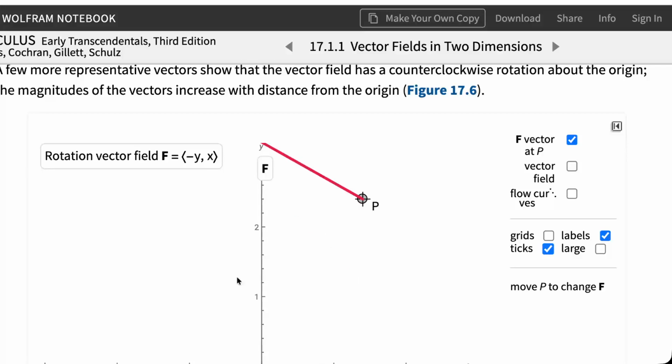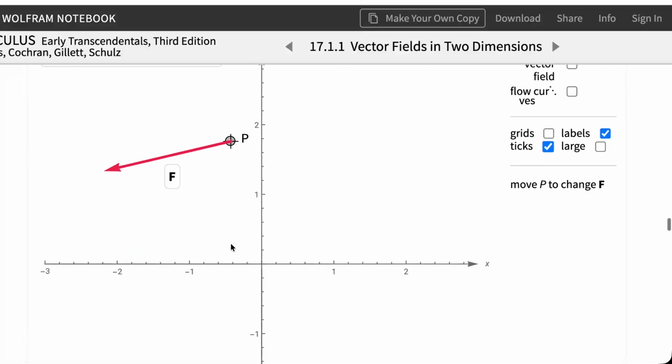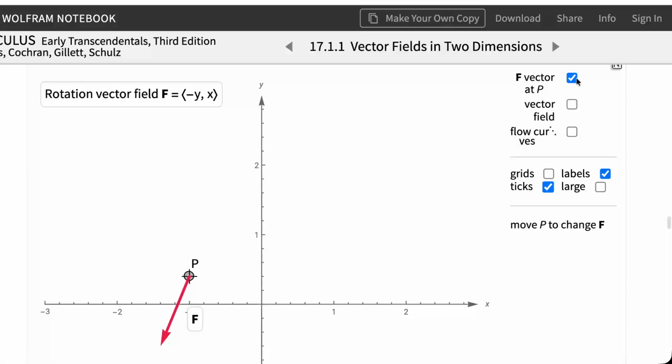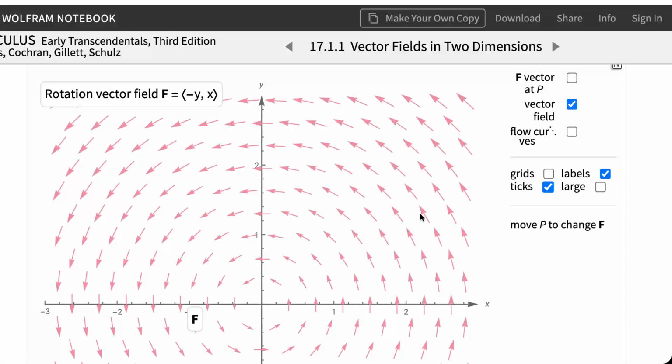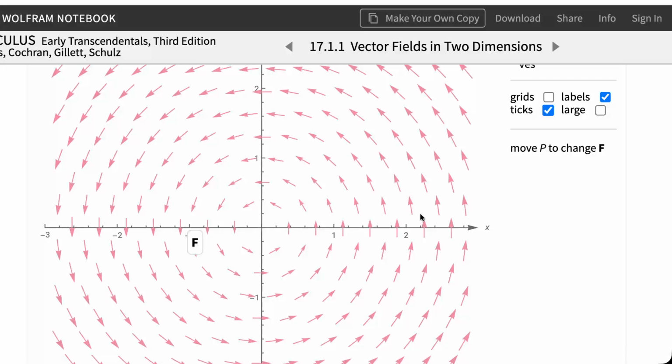Now that's kind of hard to play with. We could move around at various points and start getting the sense that this does lead us around in a circle, doesn't it? It becomes much more obvious when you turn it so that you're seeing all the vectors at once. Admittedly, they're all shrunk down a little bit, but you see that's a rotation, right? You've got a flow that's going around in circles.